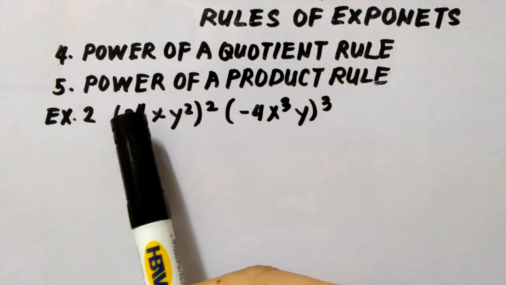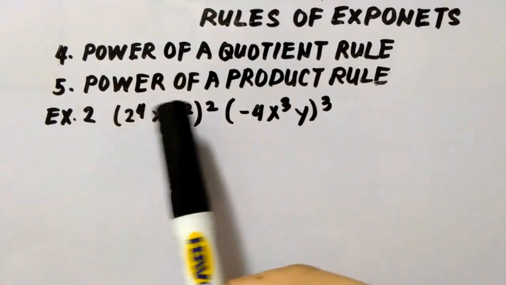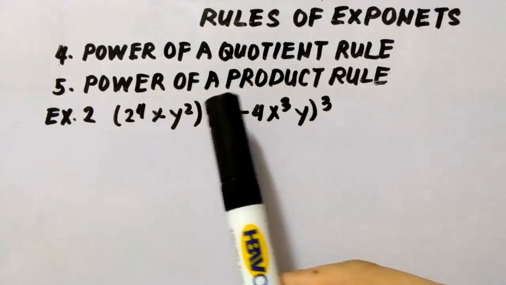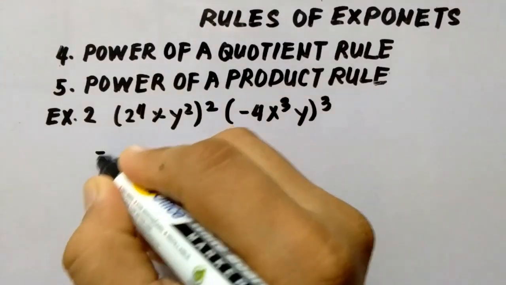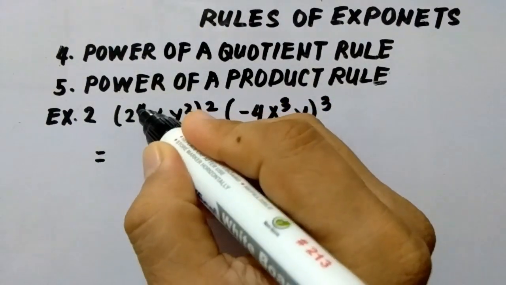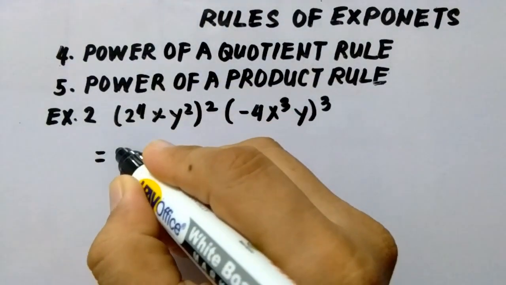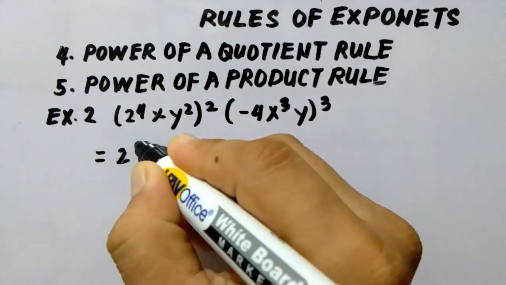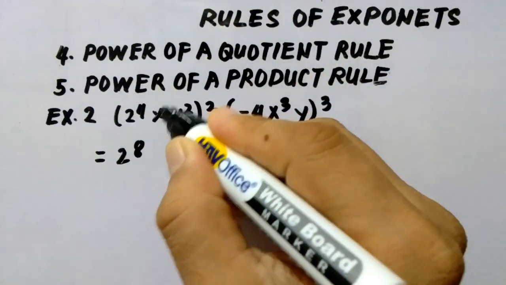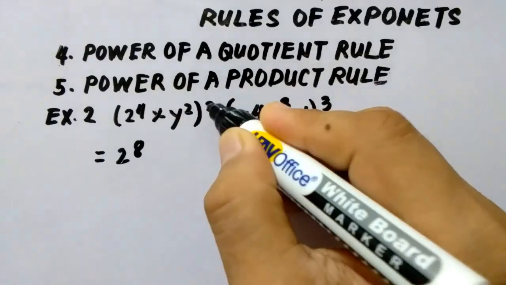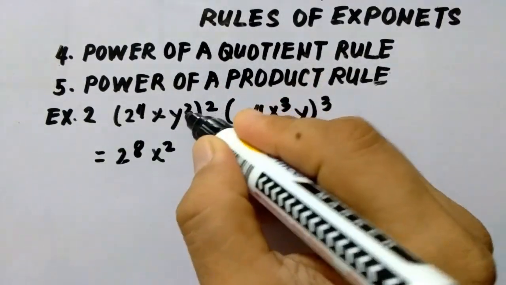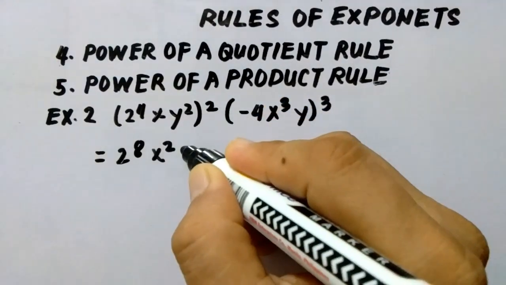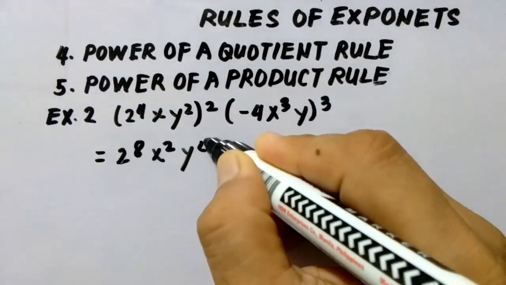Imumultiply po natin yung mga exponents ng variables dito po sa power sa labas. So, equals, 4 times 2 is 8. So, 2 to the 8. X, may 1 po yan. 1 times 2 is 2. So, x squared. Then, 2 times 2 is 4. So, y to the 4th.